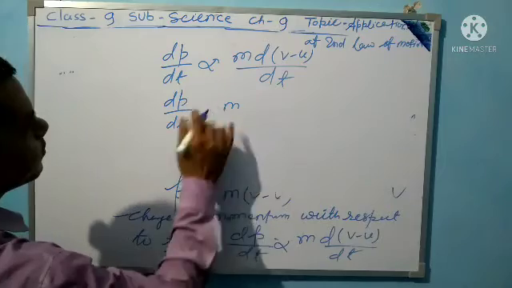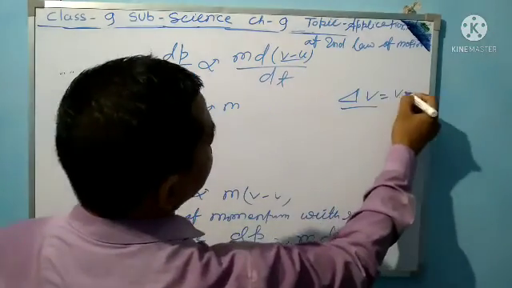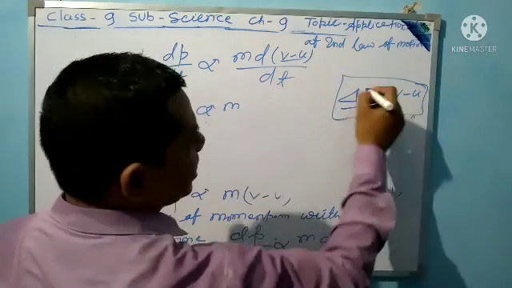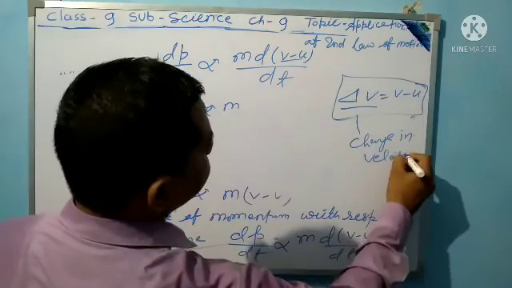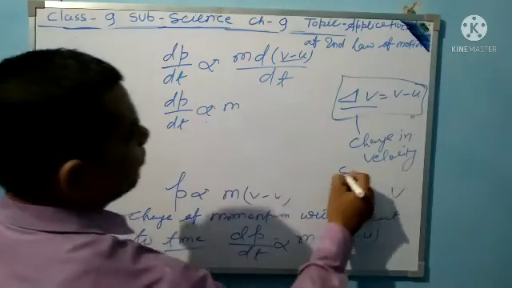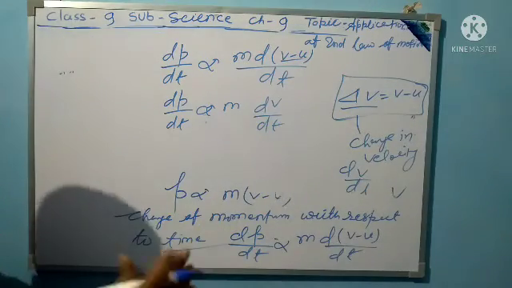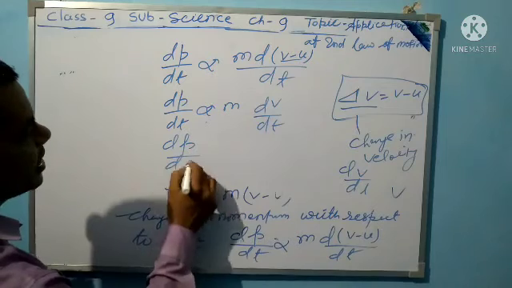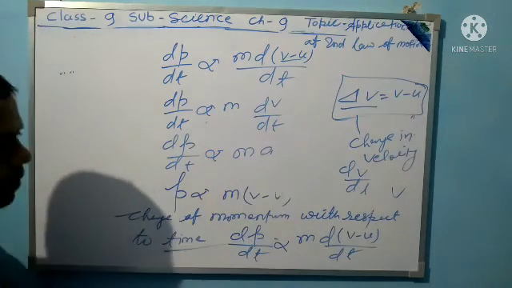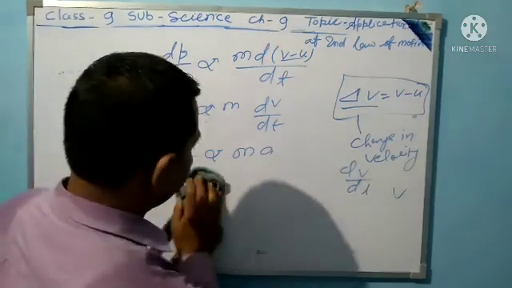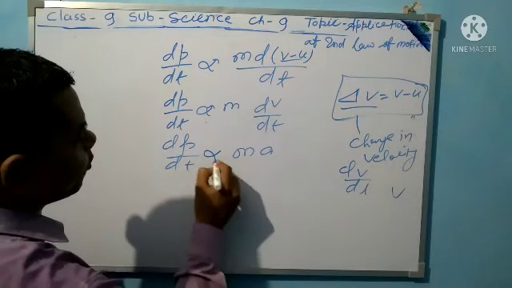And m times the change in velocity, del v, that is v minus u. So del v by del t, that is dv by dt, is the change in velocity with respect to time, which is acceleration.